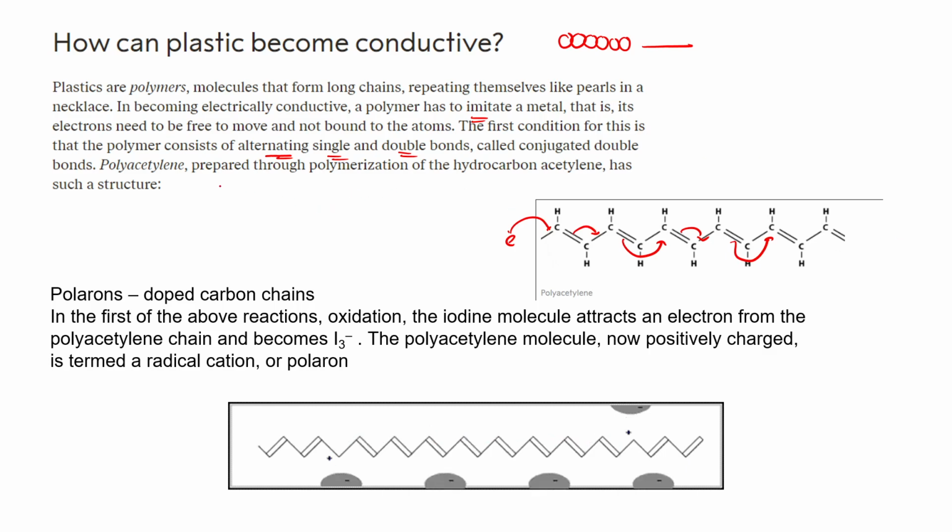That's their key idea, and for that they developed this particular polymer, polyacetylene. They prepared it by polymerization of acetylene. For this case acetylene is their monomer.